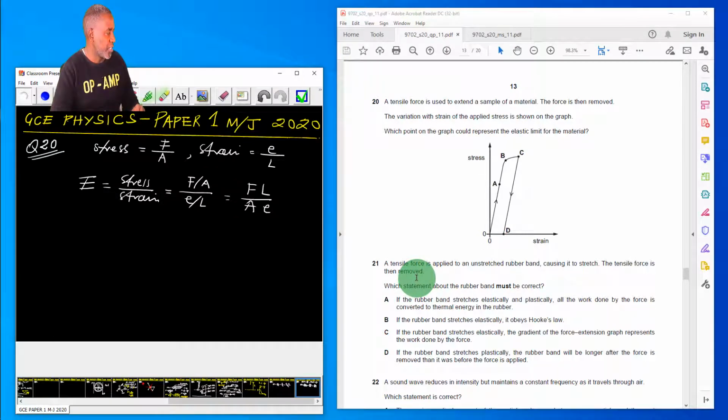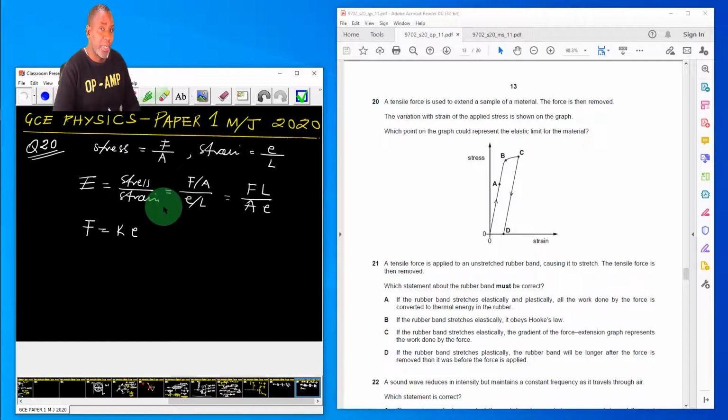So you can see that we still have an aspect of Hooke's law, because Hooke's law, which is represented by F equals KE, states that the extension is directly proportional to the force. So you can see an aspect of Hooke's law over there.